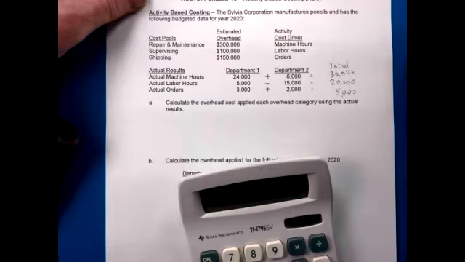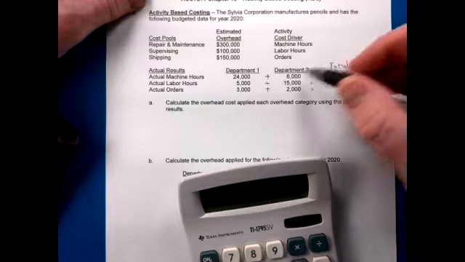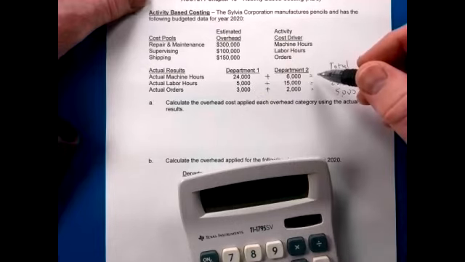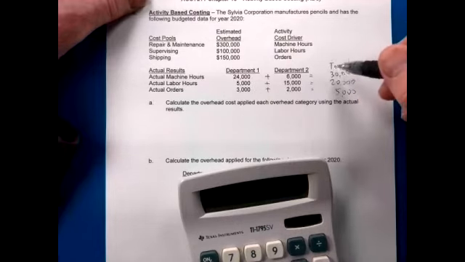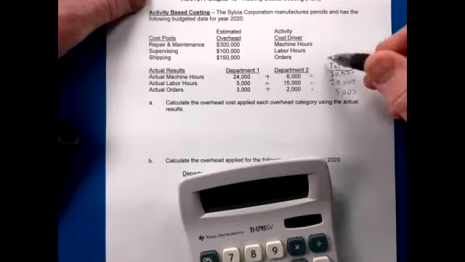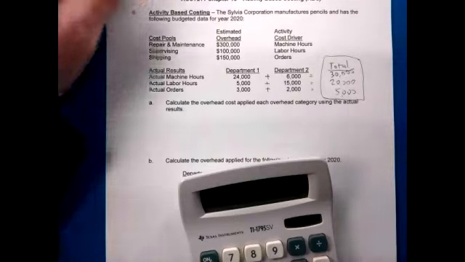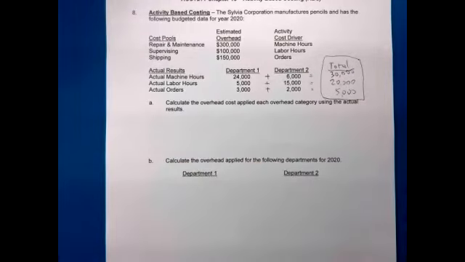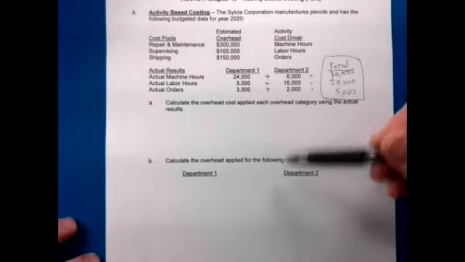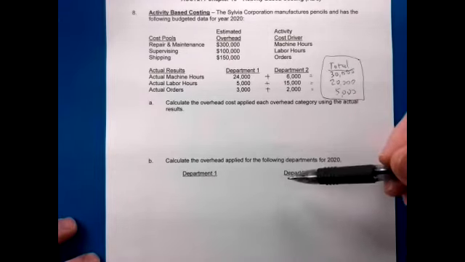All right, so that is what we're going to have for each of our machine hours, labor hours, and orders. And so that's what we're going to divide by. I have no idea why I left such a small part up here. It's kind of goofy.